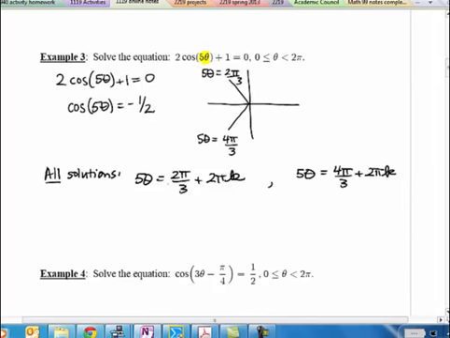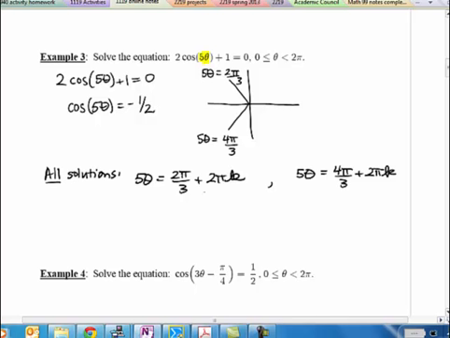But we don't want to know where 5 theta is, we want to know what theta is. But this is the best way to get started. So don't worry that there's a 5 there yet. Just say whatever that input is, it either has to be at the location of 2 pi over 3 or at the location of 4 pi over 3.